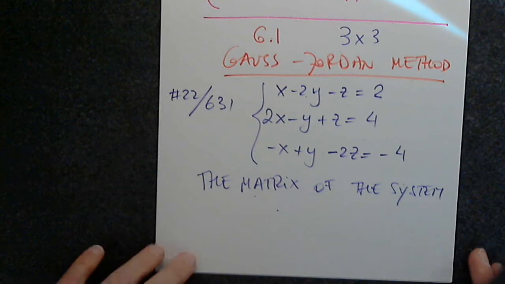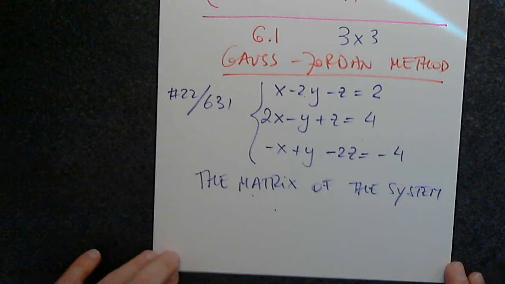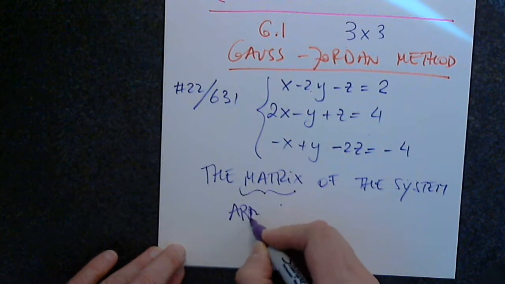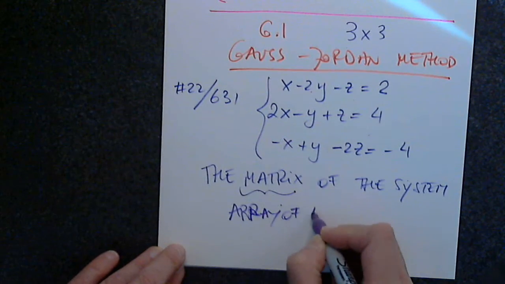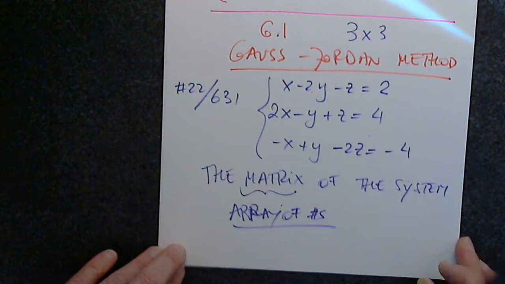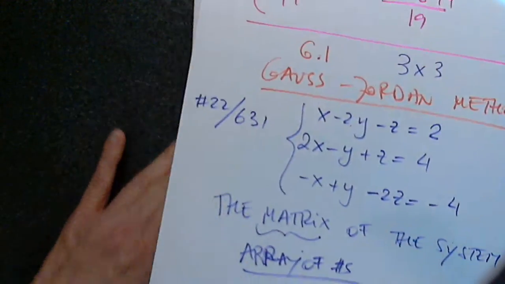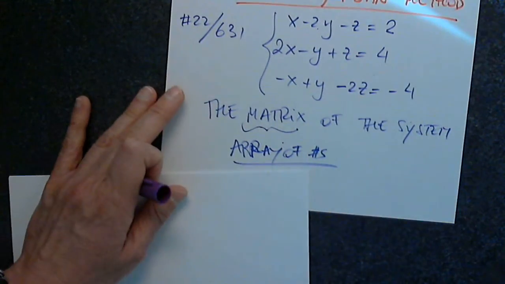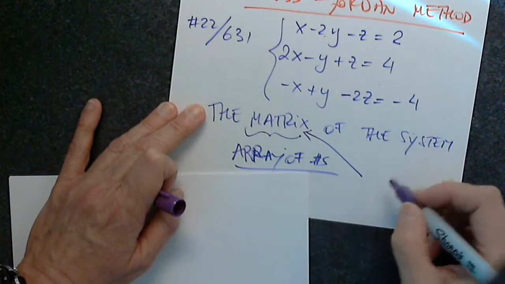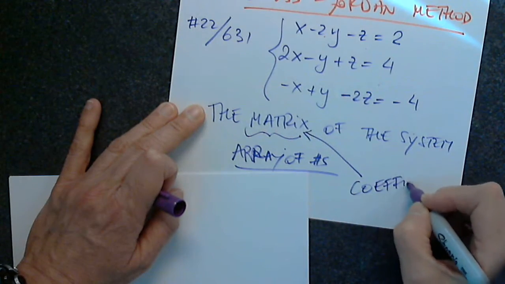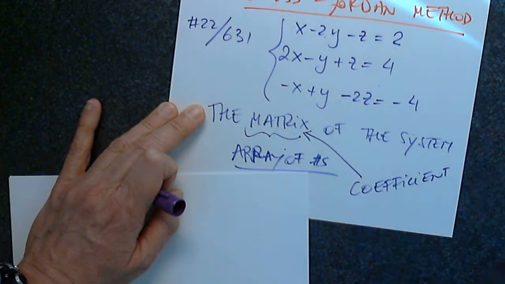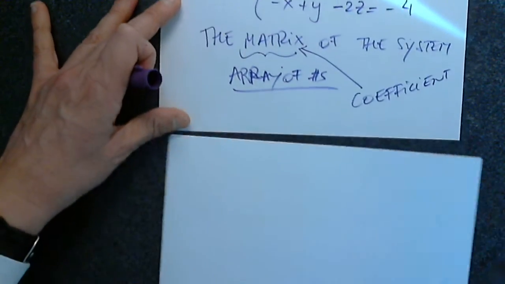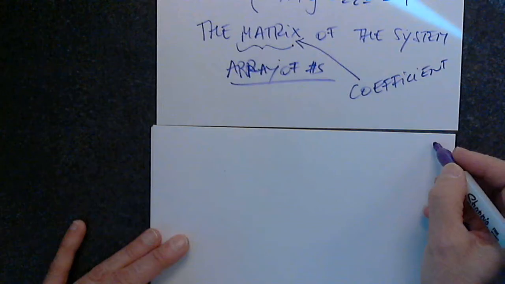And you decide. So the matrix of the system, first of all, what is a matrix? It's simply an array of numbers. When we talk about the matrix of the system, we really talk about the coefficient matrix. So for this particular system, here's how it will look.